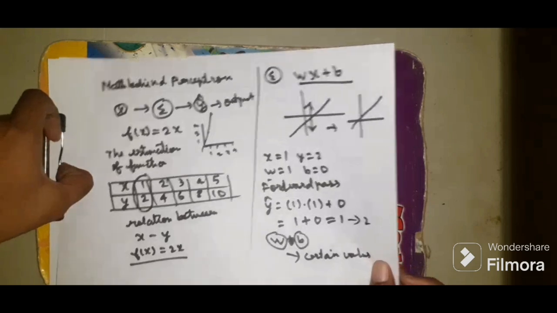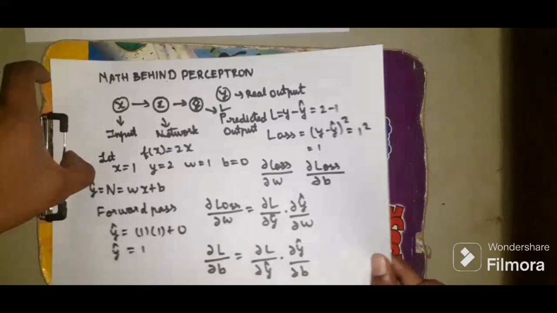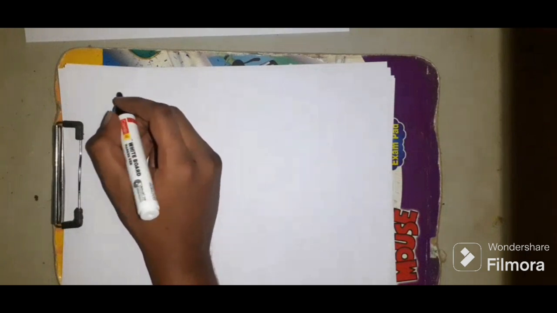Basically, the neural networks or the perceptron are function estimators. Let's see how it works.